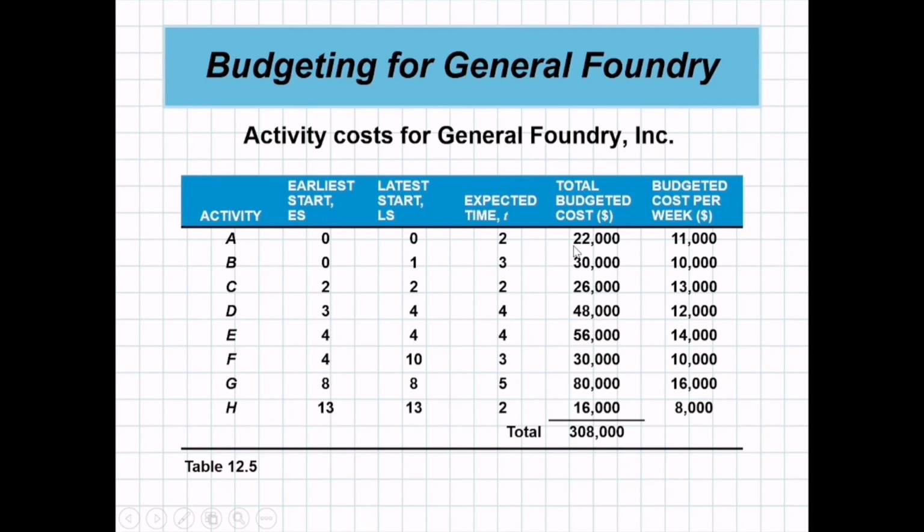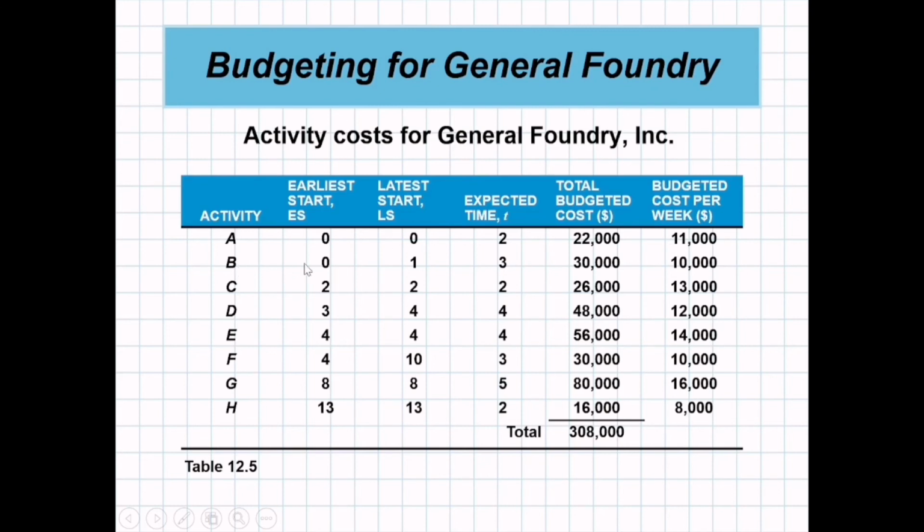So this is the budgeted cost. Activity A, its budgeted cost is $22,000. Since activity A can be accomplished in 2 weeks, class, we shall divide 22,000 by 2. So each week, our budget for activity A is $11,000.